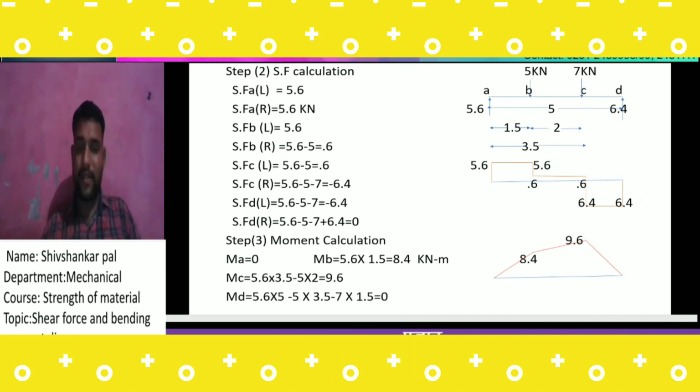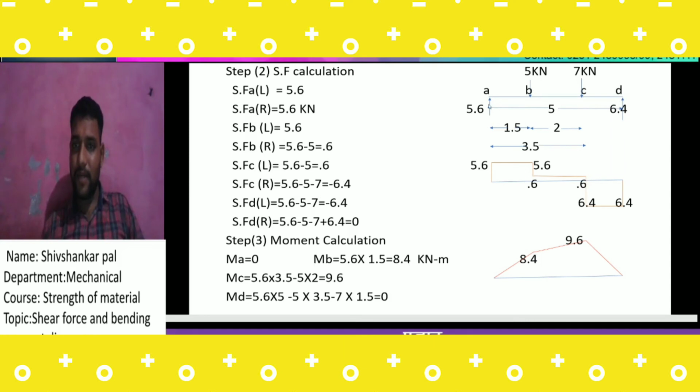Our next step is the moment about point D. To find the moment about point D, three forces, 5.6, 5 and 7 kN, all produce a moment at point D. The moment due to 5.6 kN tries to move in the clockwise direction.